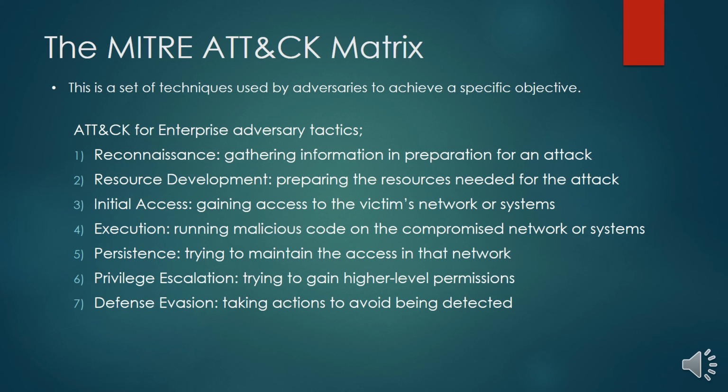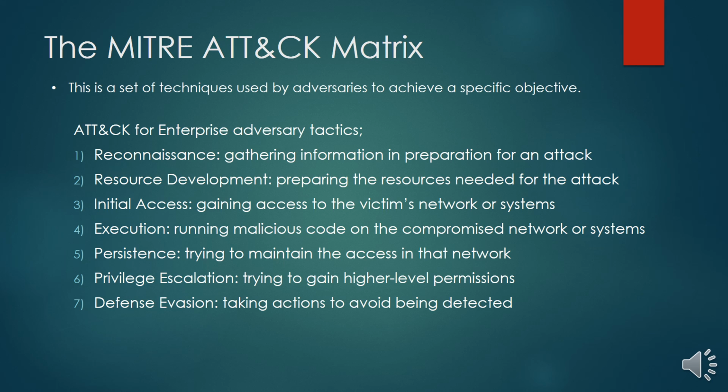And then the fourth one is execution, running malicious code on the compromised network or systems. So that is running remote access, or running a scheduled task, or a command and scripting interpreter.